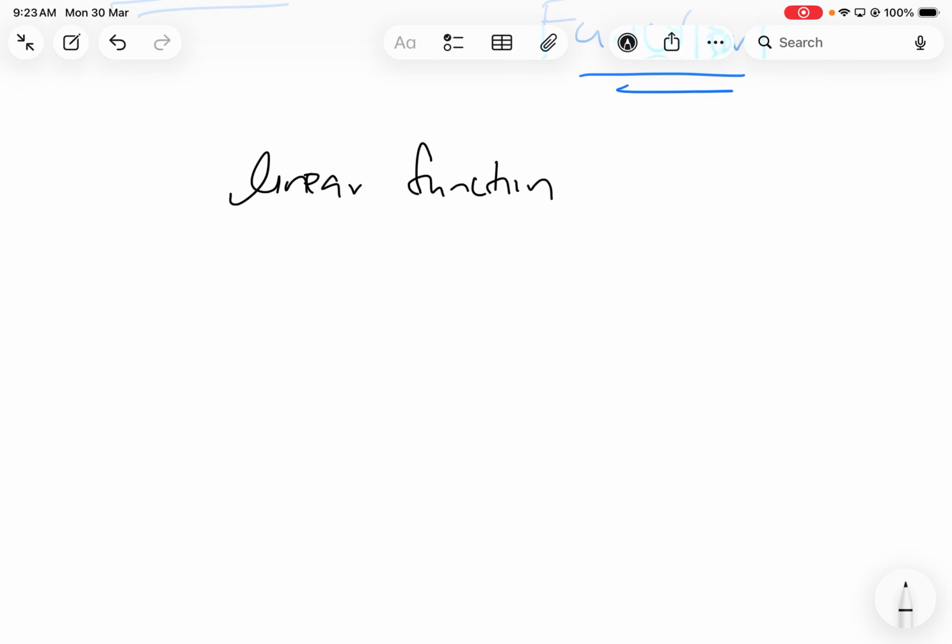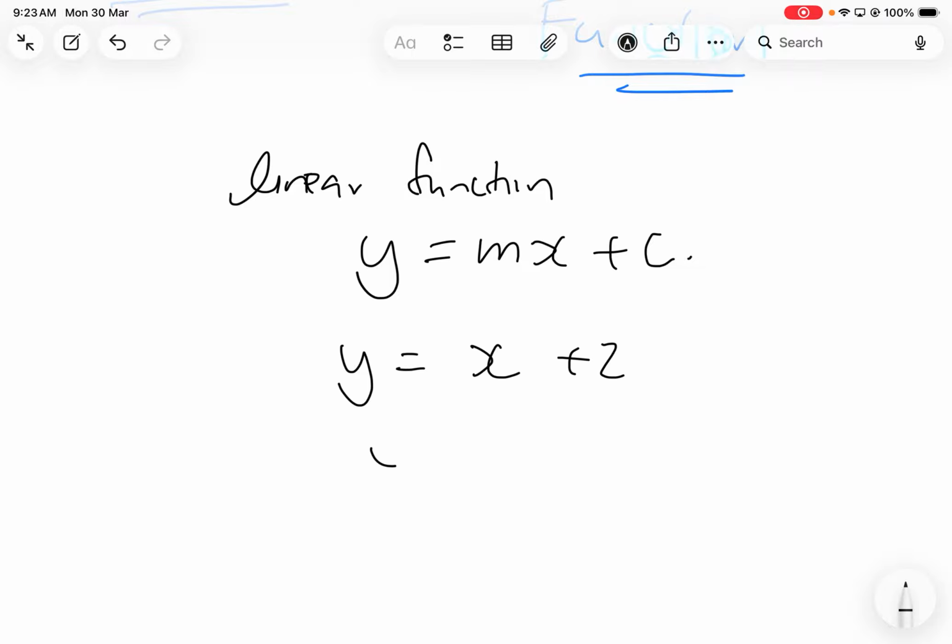Your one equation for you to remember was y equals to mx plus c. Your m and c are actually numbers. So your linear function can be y equals to x plus 2, can be y equals to 3x minus 4, all this. It is just changing the number m and the c. Then you will have a linear function.